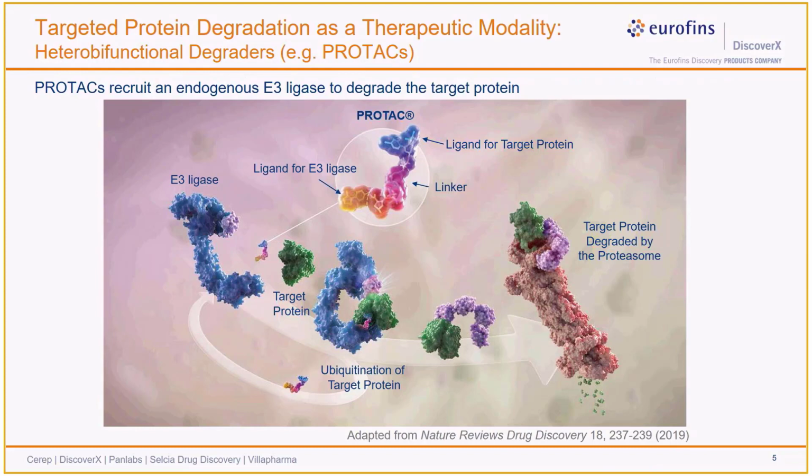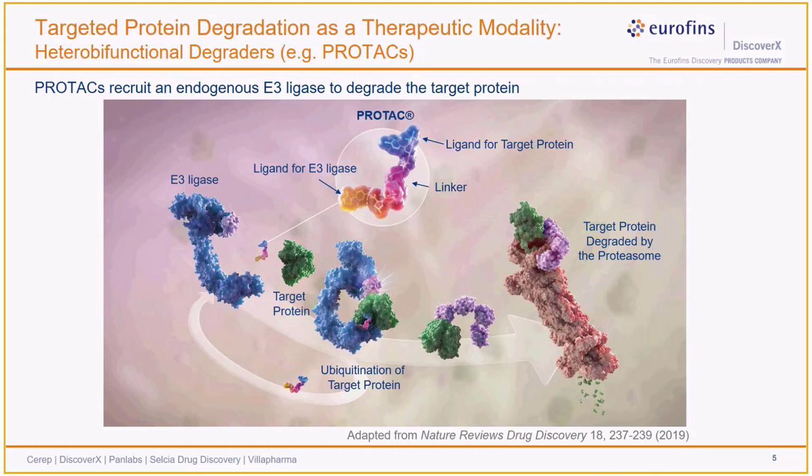Another type of protein degrader is a bifunctional molecule called PROTACs, or proteolysis targeting chimeras. It contains 2 active functional groups. One binds to the target protein and the other interacts with a specific E3 ligase. Upon interaction, PROTACs bring the target protein and the endogenous E3 ligase into close proximity.